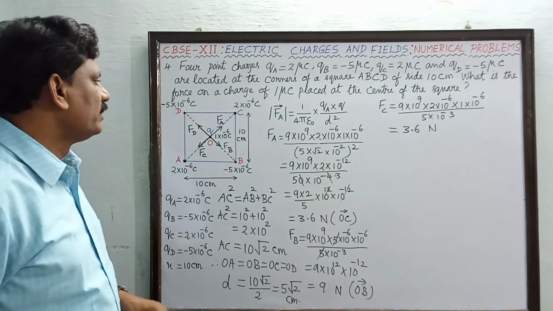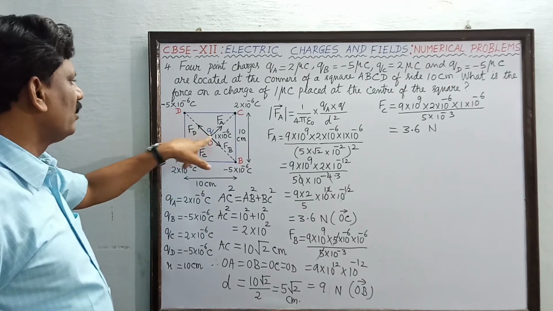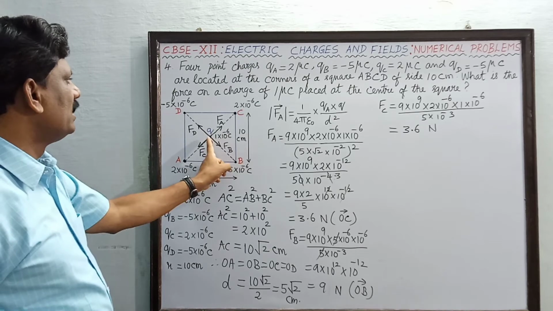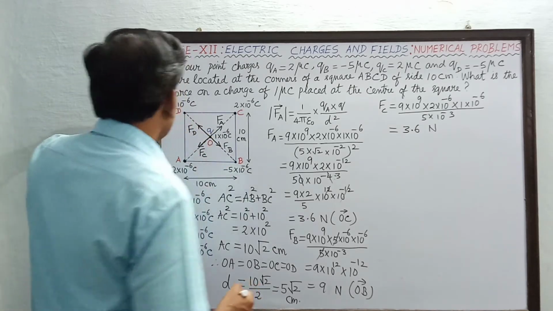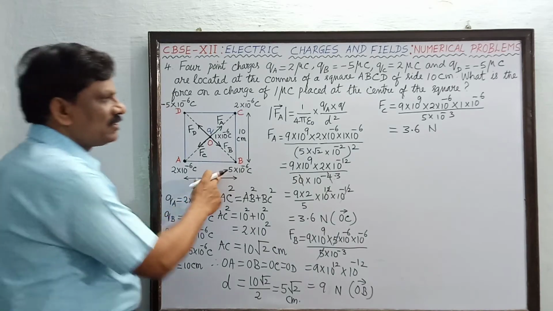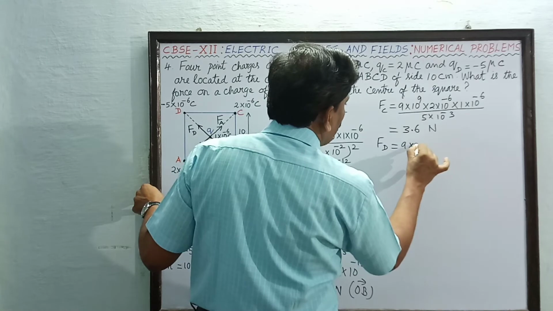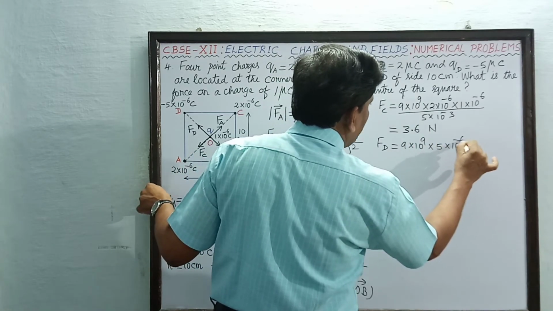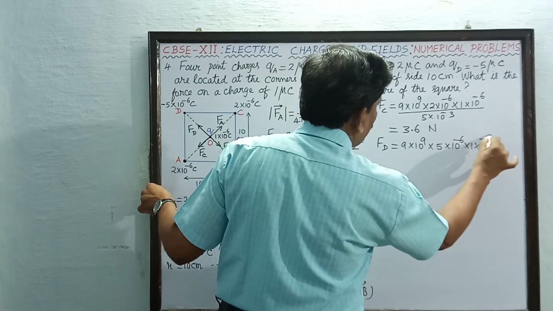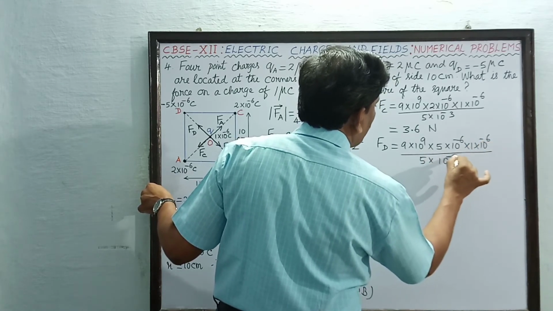Okay, children. Next one is FD. So the fourth force acting on the middle charge is again attractive. So it is attracted towards the D, that is due to minus 5. Already we have calculated. So now FD must be equal to 9 into 10 power 9 into 5 into 10 power minus 6 into 1 into 10 power minus 6 divided by 5 into 10 power minus 3.